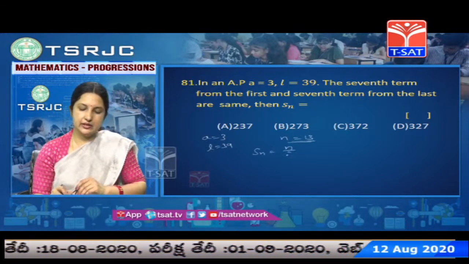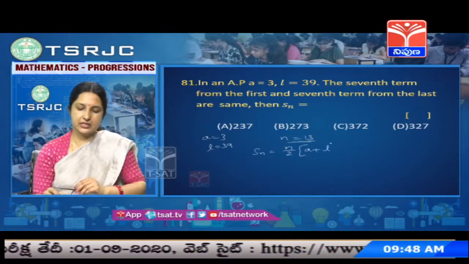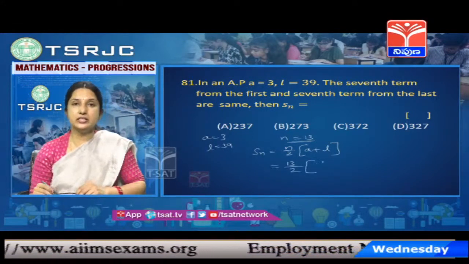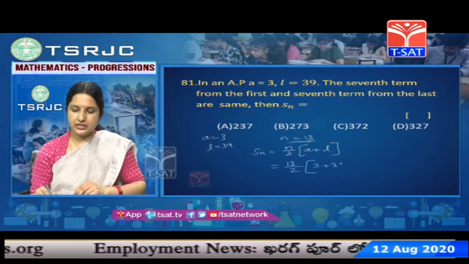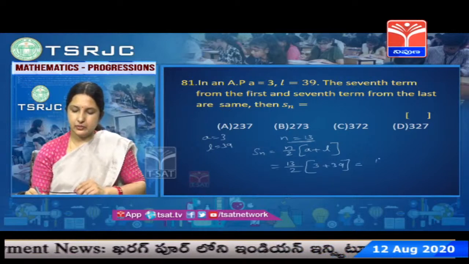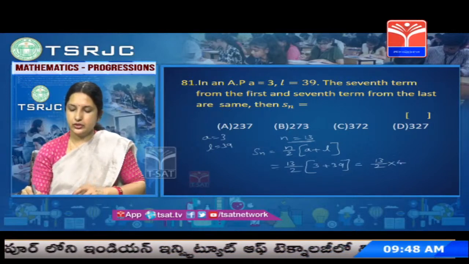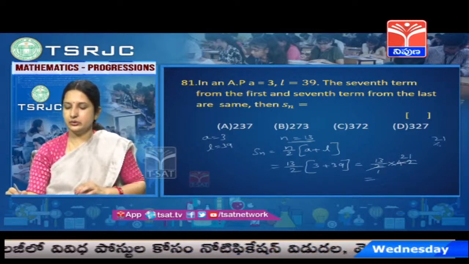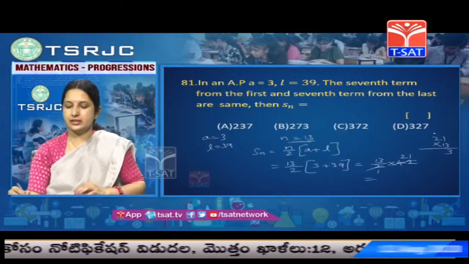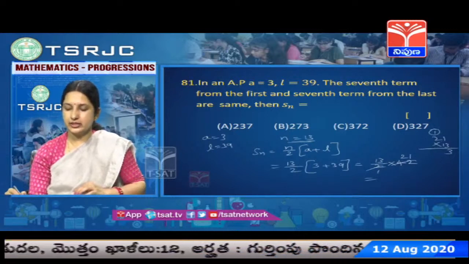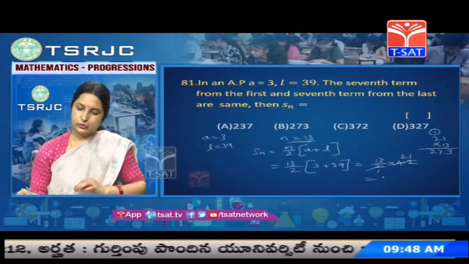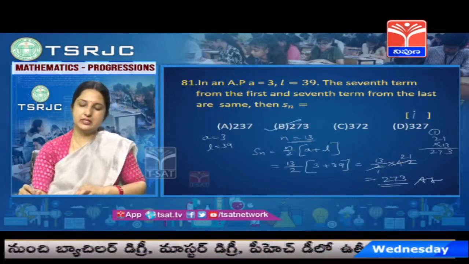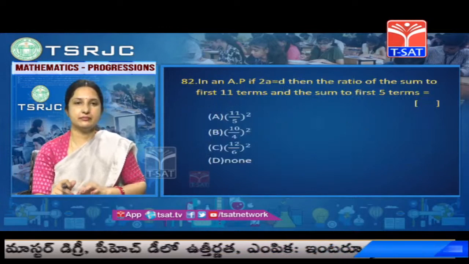Sn equals to n by 2 into a plus l. 13 by 2 into a is how much? 3. L is how much? 39. 39 plus 3 is how much? 42. 2 ones 2, 2 twos 4, so 21 into 13 is how much? 13 ones 13, 13 twos are 26 plus 1, 27. 273 is our answer. So option B is the correct one.